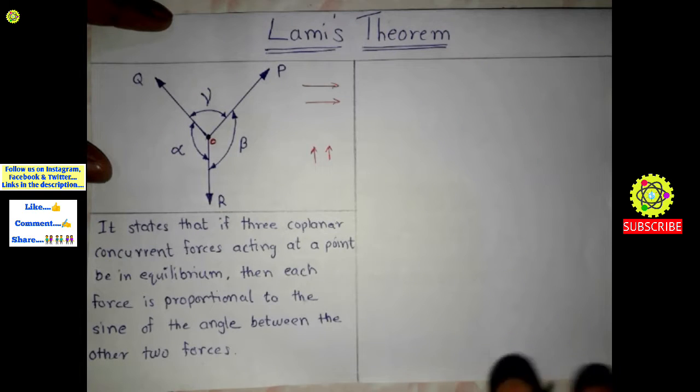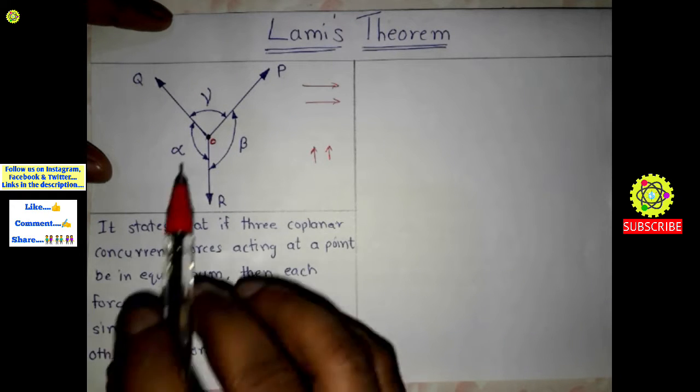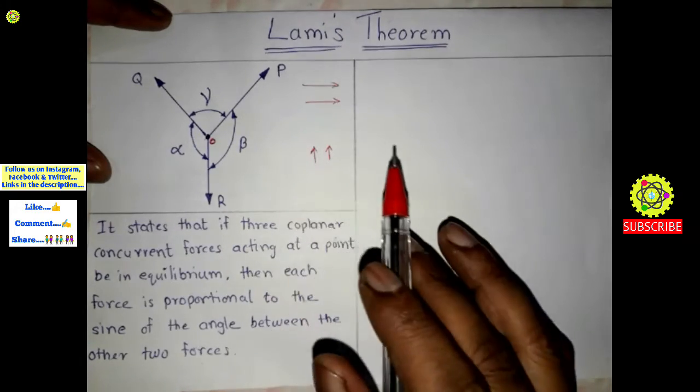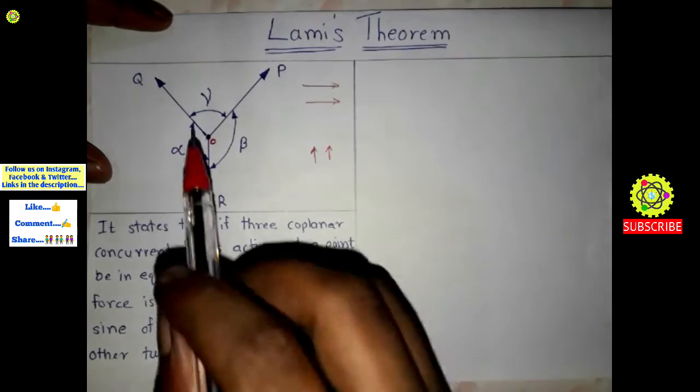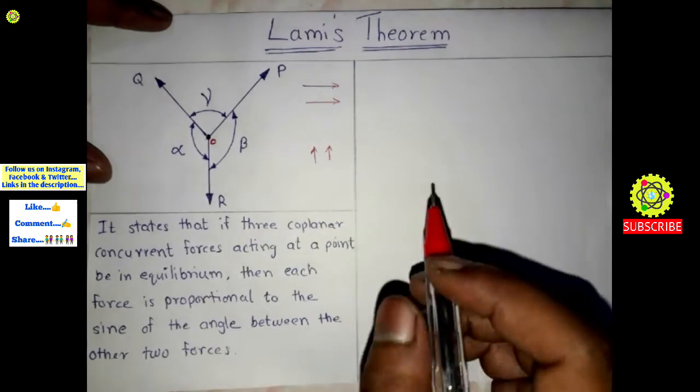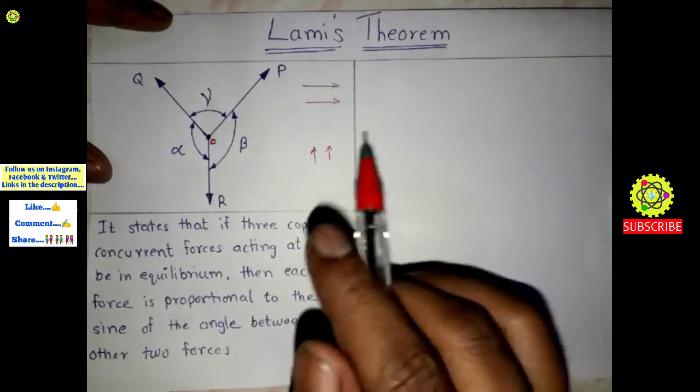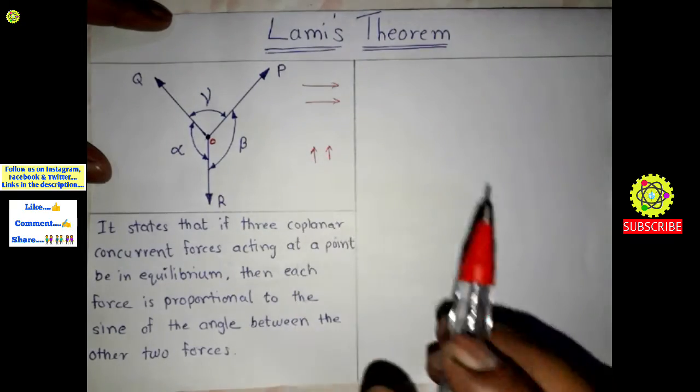So here there are three coplanar concurrent forces which are in equilibrium, and these are non-parallel. In this case, each force is proportional to the sine of the angle between the other two forces.